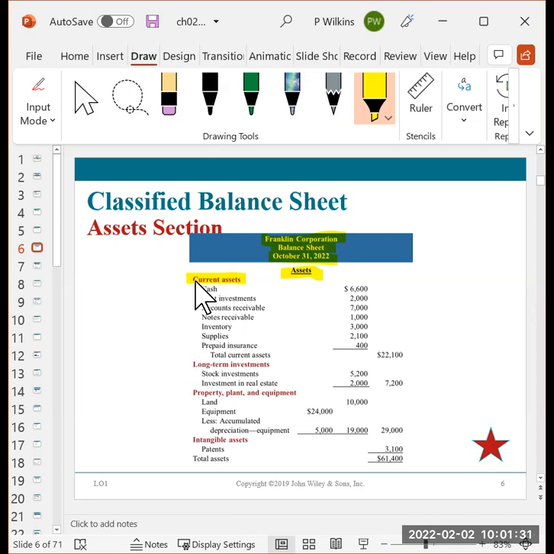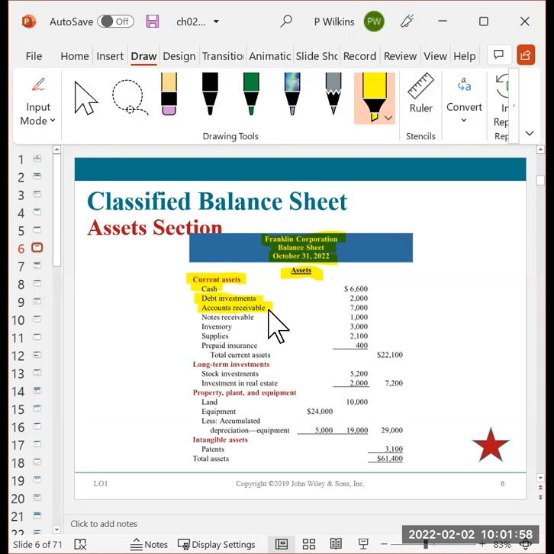So under current assets, the first thing you would list would be cash. The second thing you would list would be debt investments, or if your problem has them, short-term investments. You're not going to have a problem that has both debt investments and short-term investments, so you would have either one or the other. The next account would be accounts receivable.